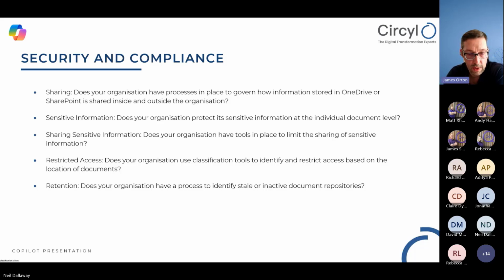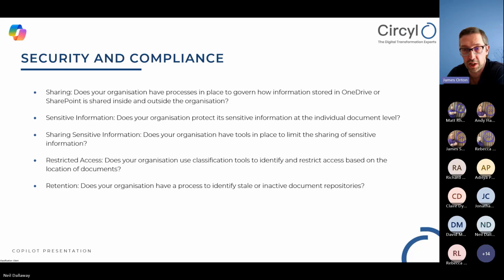So inside Purview and inside the Microsoft 365 tenant, we have various things we can do. We can use sensitivity labels and policies to define the sensitivity of data and put policies around how that data is controlled. One of the things we can do, as we say there, is mark information as confidential, and if I inadvertently share it with somebody, some of those policies have a control such that even if I've given you access to something you shouldn't see, if you're not defined as somebody who could see a confidential piece of information, Copilot won't return it.